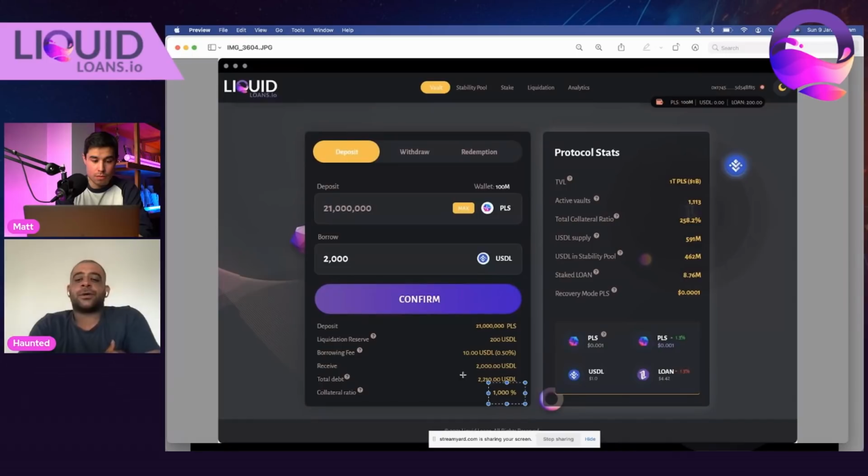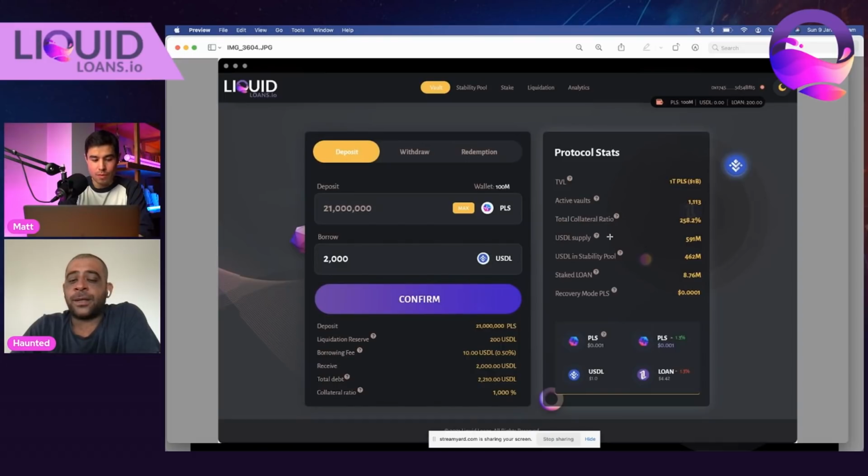Correct. And what other strategies there are out there is, say you were doing 1,000% collateral to buy Pulse, but you wanted to take another 10%, which takes you to a 500% collateral, and just put that into the stability pool. That way you can earn loan token.